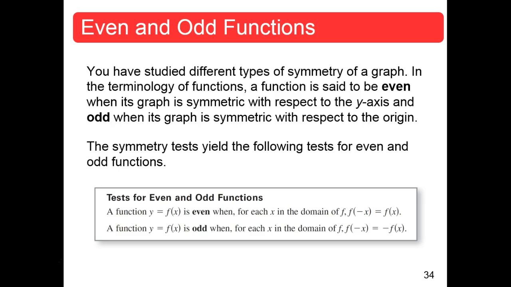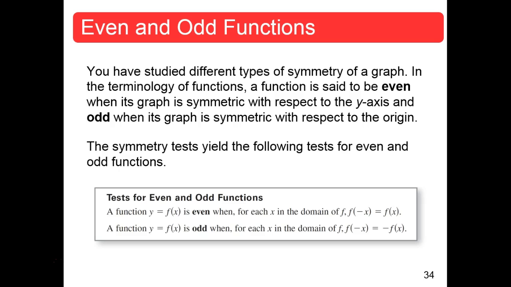And guess what they left out? The biggest class, the neither class. The test is the same for either one. Put a minus x in for x, see what you get. If you get the same thing, it's even. Exactly the opposite, it's odd. If you get neither the same nor the opposite, it's a neither.